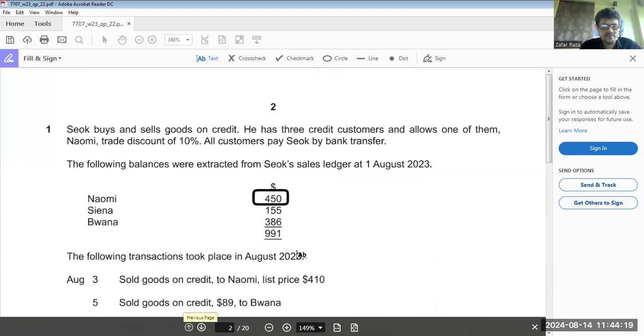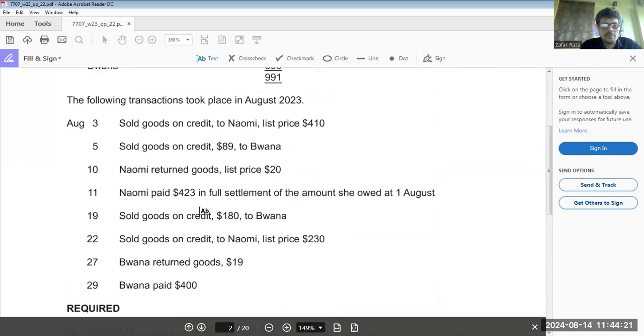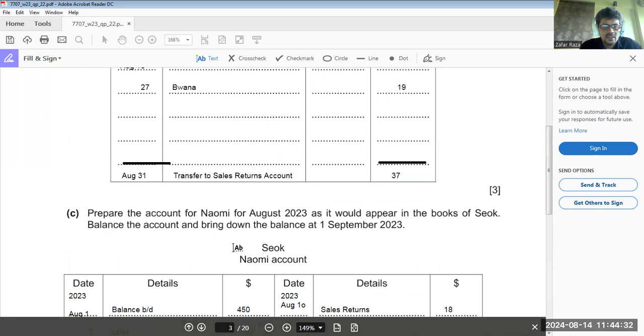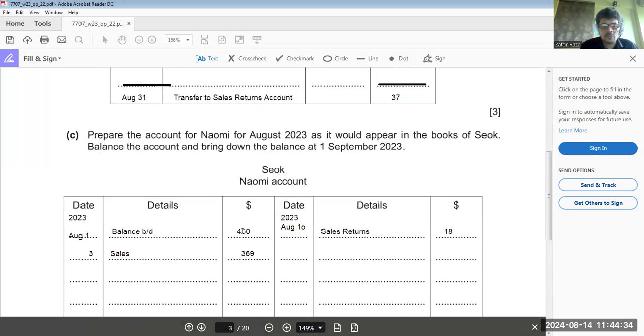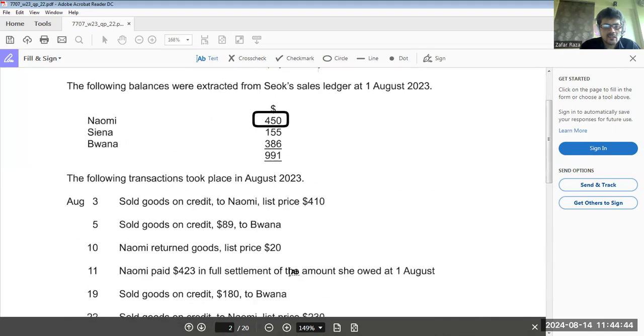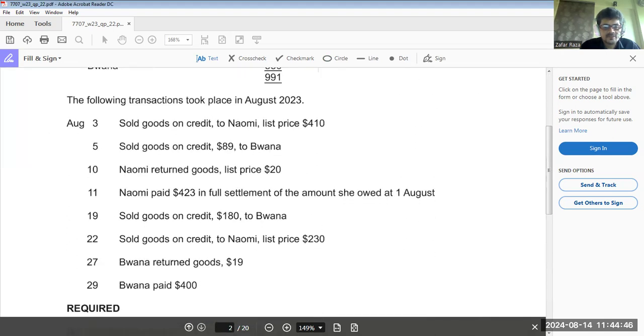Again, Nomi paid us $423 in full settlement of the amount she owed on 1st August. $423 she is paying, out of this 450. She is paying on 11th August.